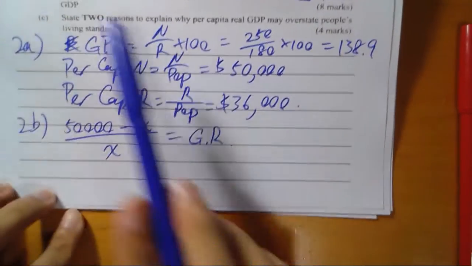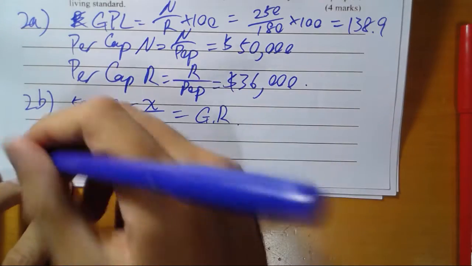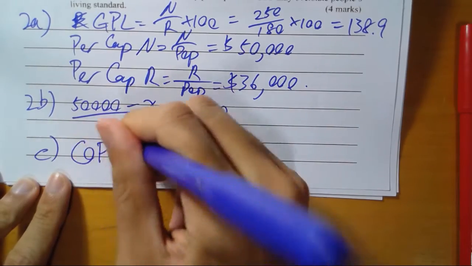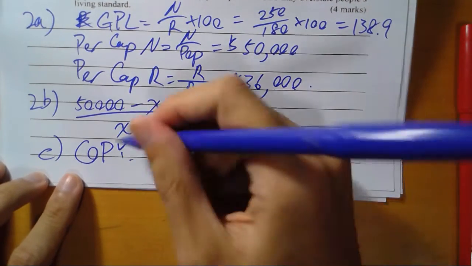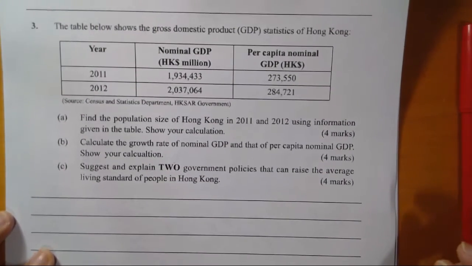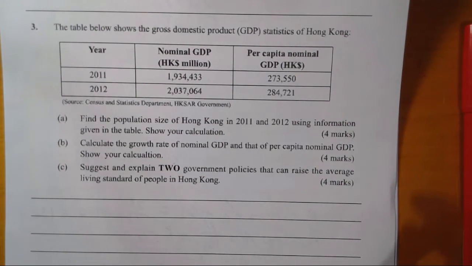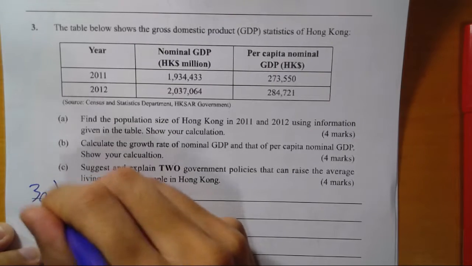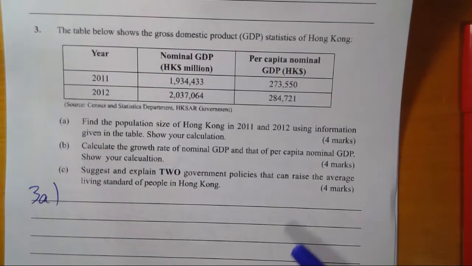Now, C overstate. Copy. 唔理啦，我唔想再糾纏啦，好嘛？Alright, so here, final question. 其實呢份真係冇乜嘢好講嘅，OK? Really, nothing else to say. 3A, we need to find the population size.